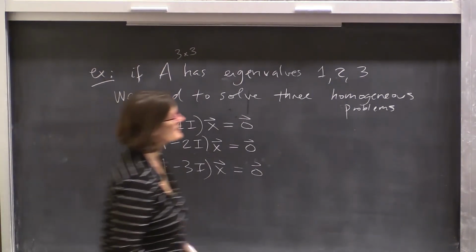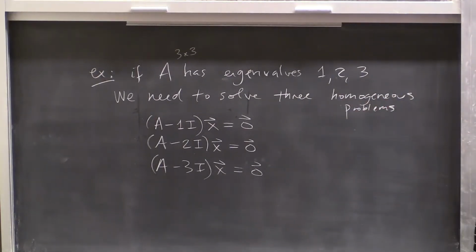The more challenging case might be something where A is 3 by 3 and has eigenvalues 1, 2, and 2. So the characteristic polynomial is going to be a third order polynomial.